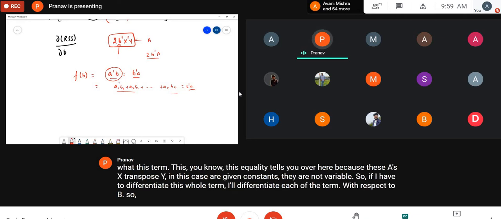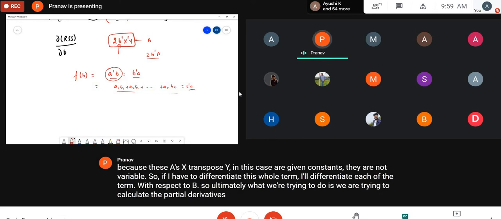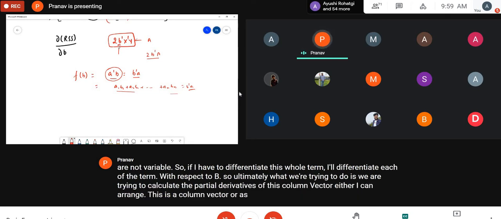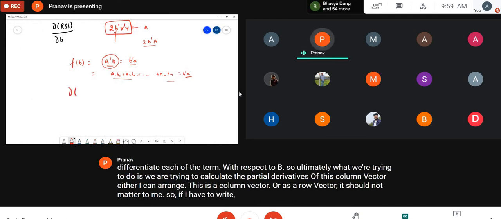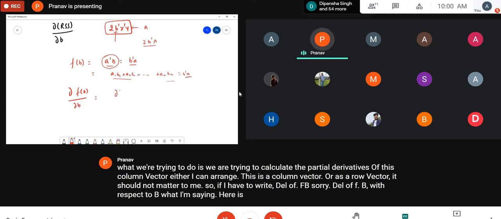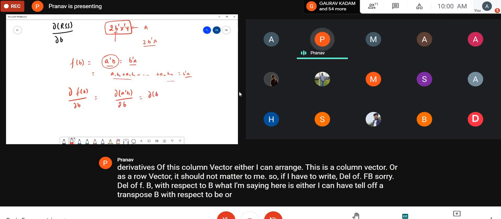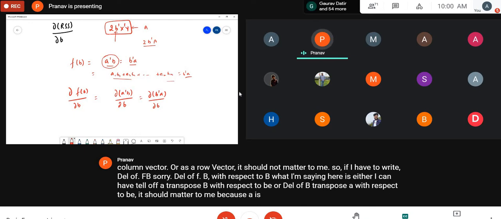Ultimately we are trying to calculate the partial derivatives of this column vector. Either I can arrange this as a column vector or as a row vector, it should not matter to me. So if I write del of f(b) with respect to b, I can have either del of a transpose b with respect to b or del of b transpose a with respect to b.